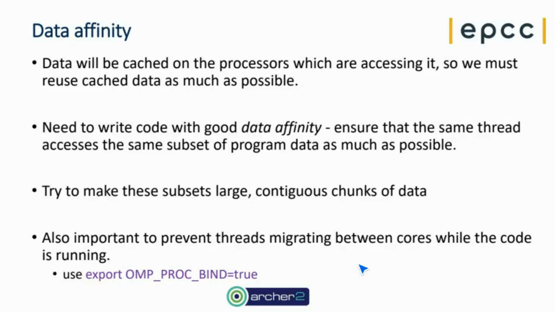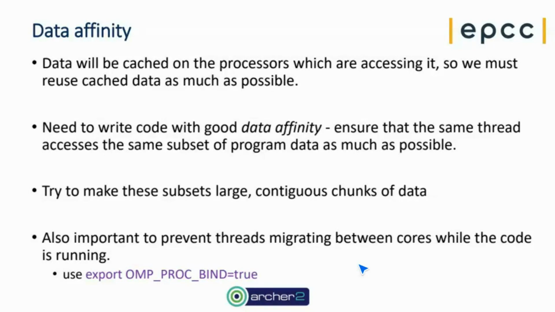It's in the cache where it used to be, on the core where it used to be executing. And if that thread keeps on using that data, it then has to be moved across into the cache where it's now executing. So it's important to prevent threads migrating, in other words, to bind the threads to cores.